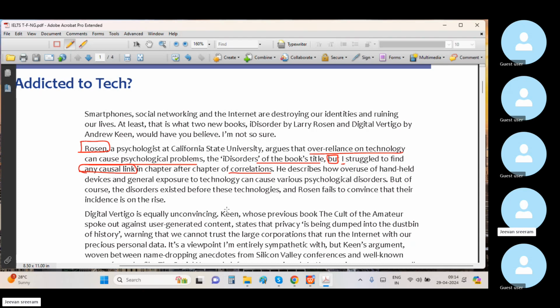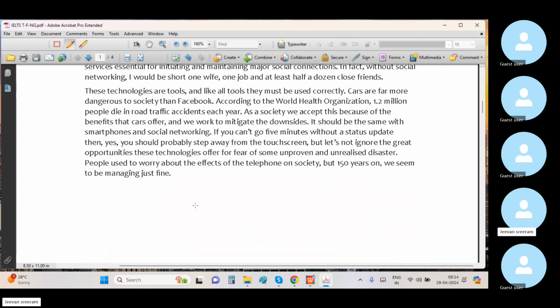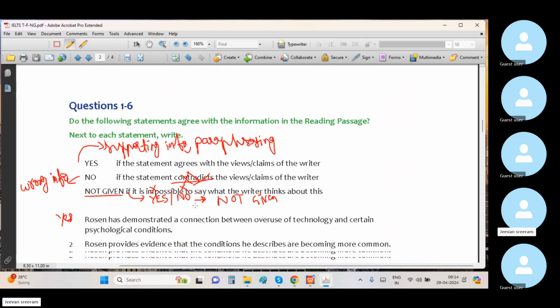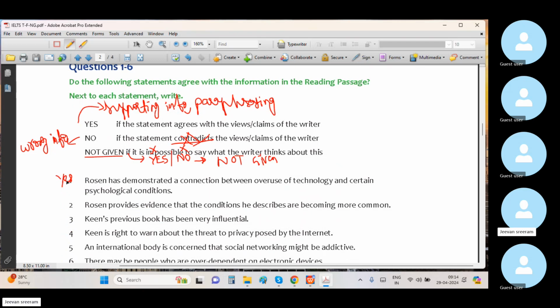So how do I have to tag? Do I have to go with no or not given? However, yes has been ruled out because the author has not agreed with Rosen's idea.